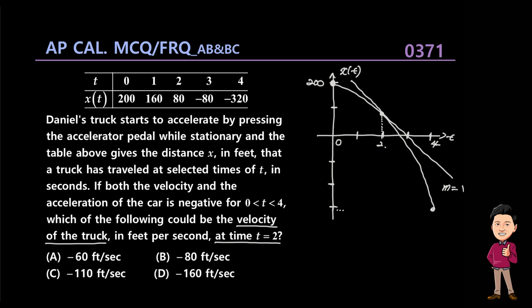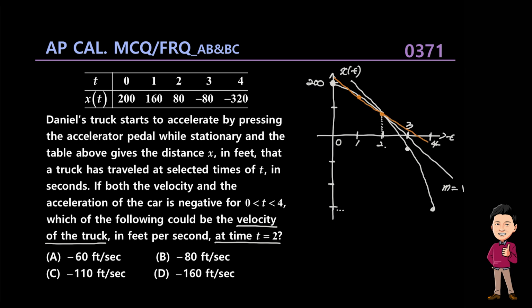When t is equal to 1, we have the coordinate here, that's 160. When t is equal to 3, we have negative 80. So this coordinate right here is negative 80. If we draw the secant line that passes through these two points, it's going to be like that.